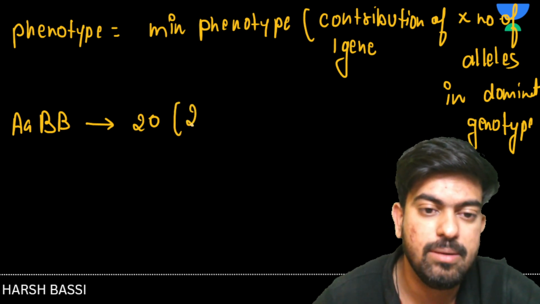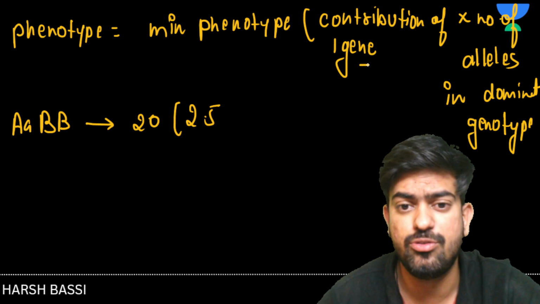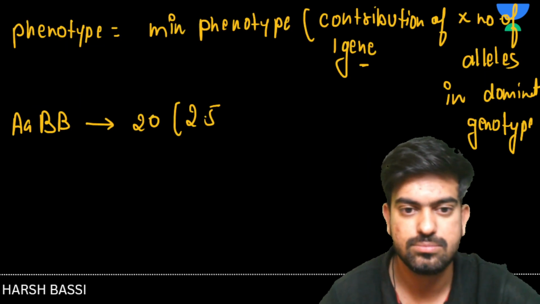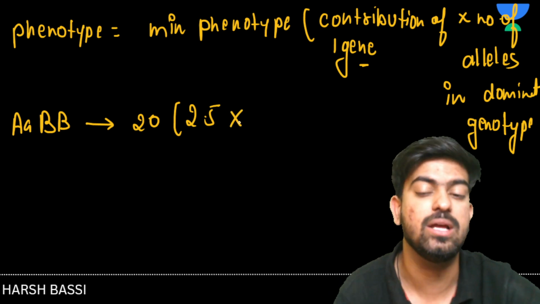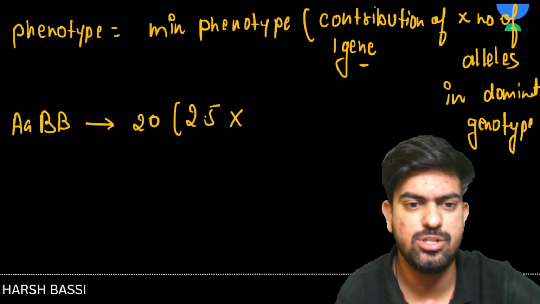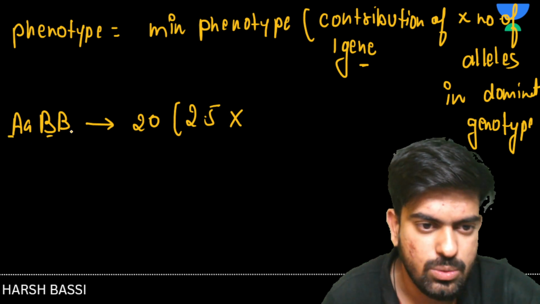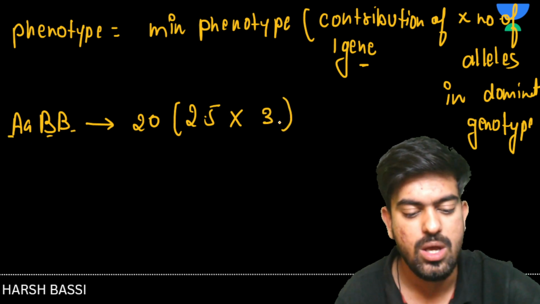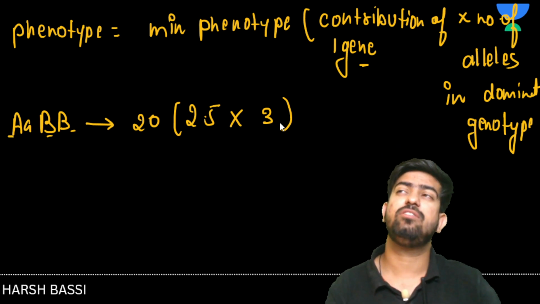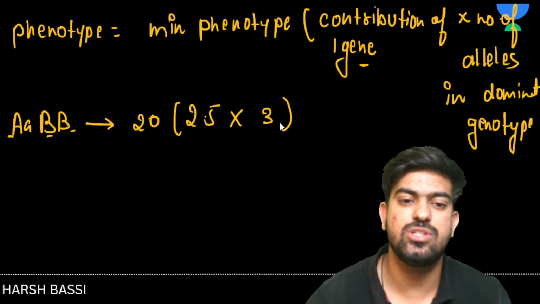So 20 plus 2.5, the contribution of one gene. Sir, where did this come from? This came from here, children, we just calculated it. 2.5 multiplied by number of dominant alleles in the genotype. So the number of dominant alleles will be 1, 2, 3. So multiplied by 3. And 2.5 multiplied by 3 is 7.5.